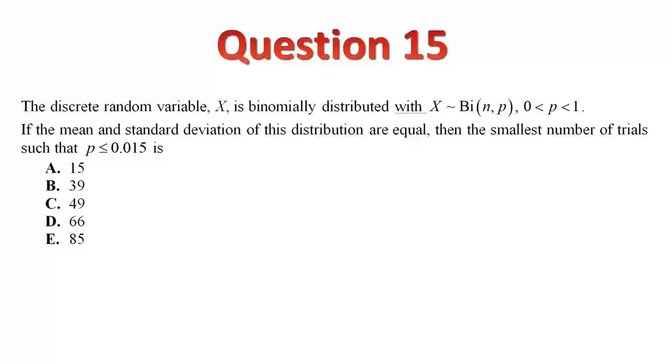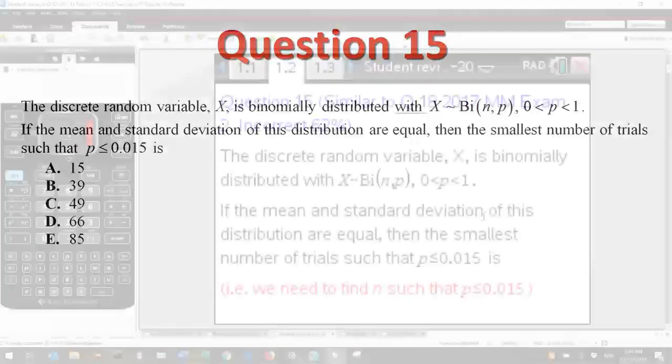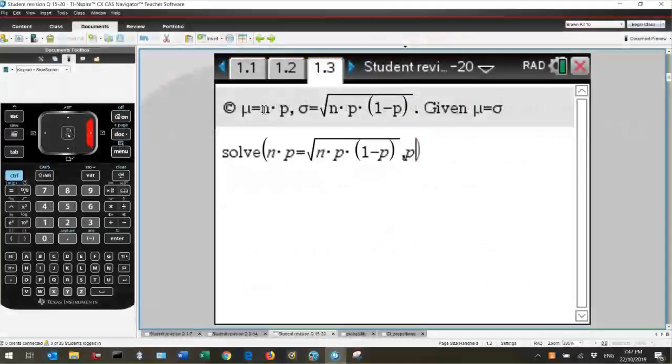So what we need to do is find n such that p is less than or equal to 0.015. This is what we know. It's binomially distributed, so the mean is n times p, and the standard deviation is the square root of np(1 minus p).